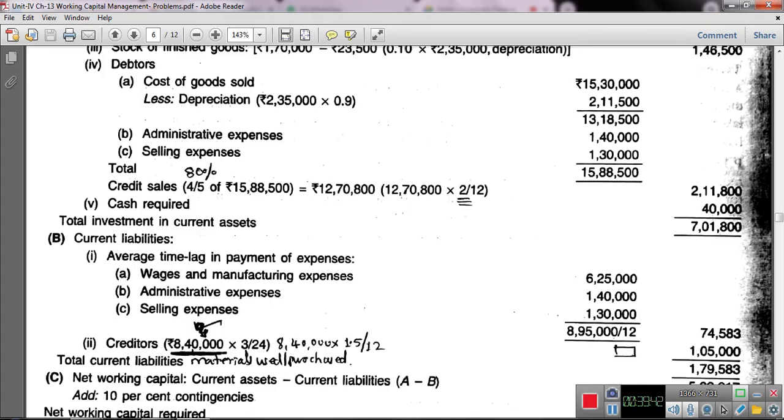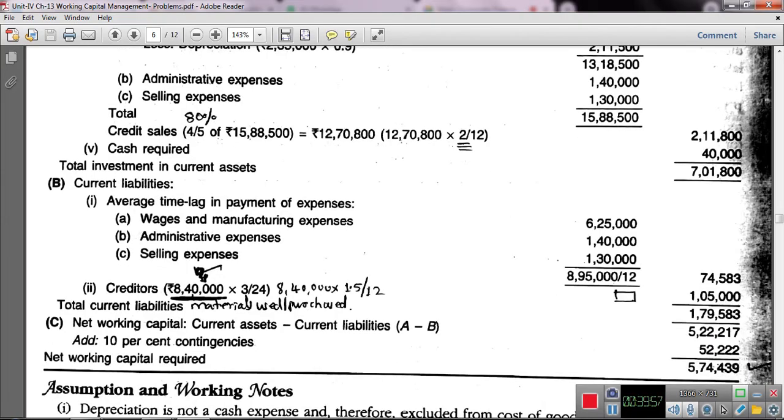So 8,40,000 into 1.5 divided by 12 is equal to 1,05,000 rupees, which is the average amount required for this company to meet the liability of creditors. Or the company should maintain 1,05,000 rupees with itself to make the payment for suppliers of raw materials, for 1.5 months every time.